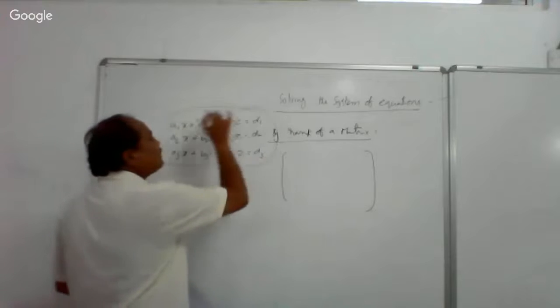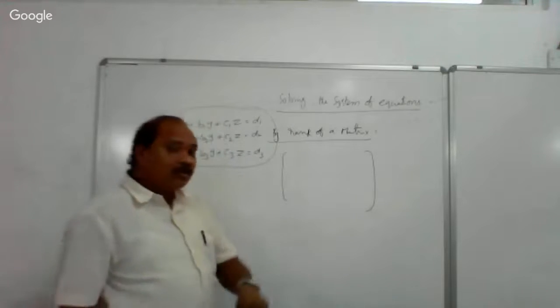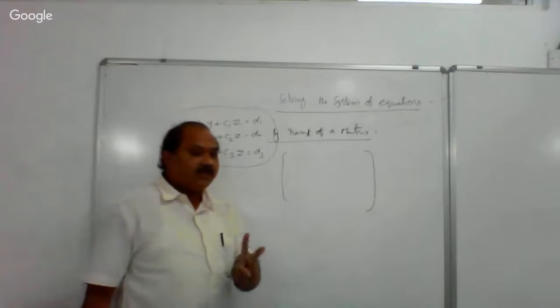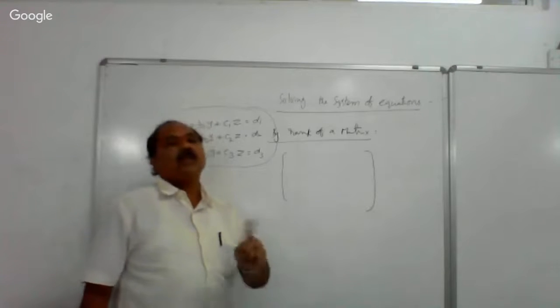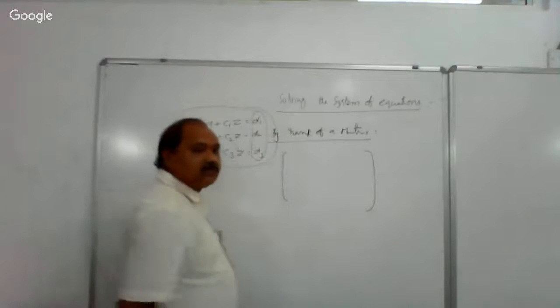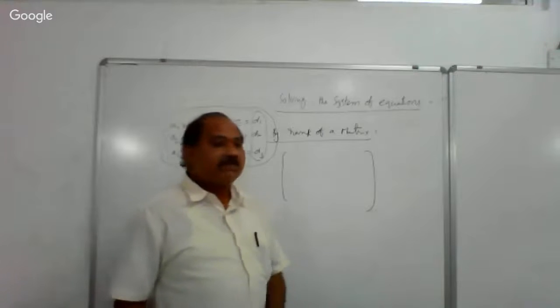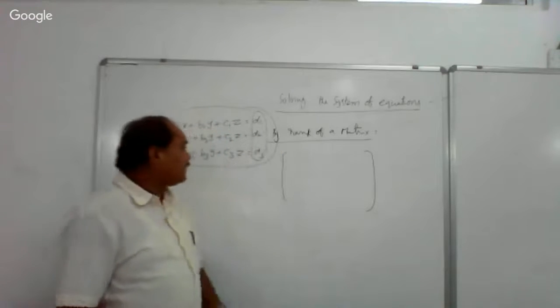This is called a system of non-homogeneous equations. We have two types of equations: homogeneous and non-homogeneous. For non-homogeneous, we have non-zeros. For a homogeneous system of equations, we have zeros.